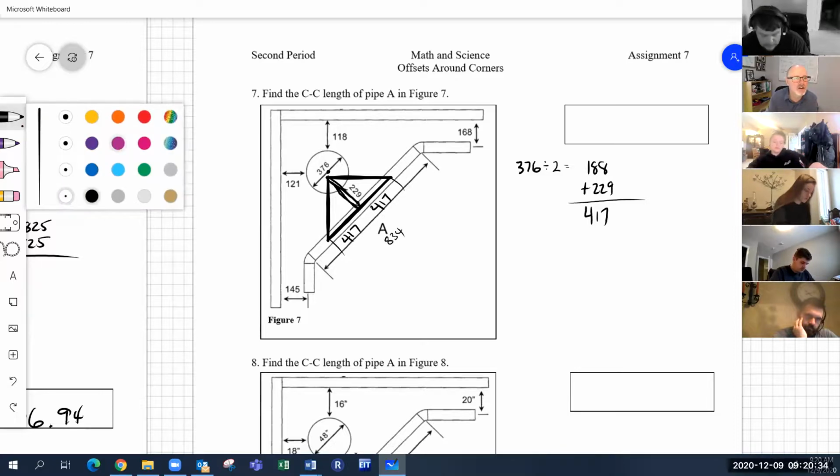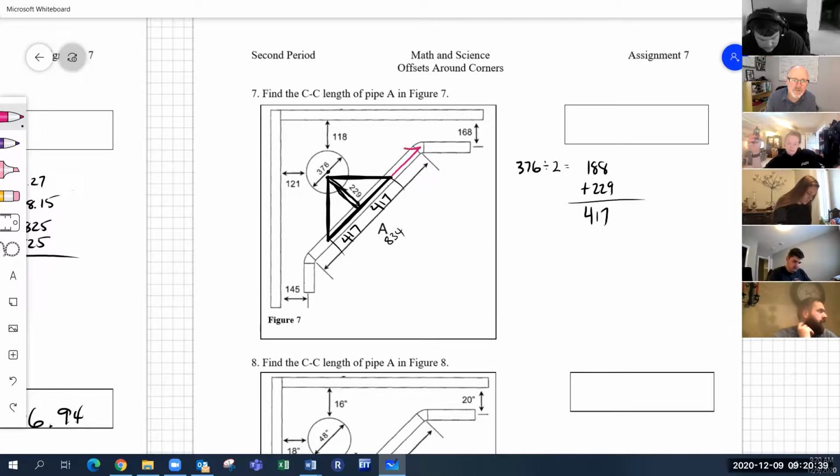Then I want to solve for this piece of pipe right here. I'll draw a right angle triangle right there. Now I'll get the measurement from this black line all the way to the wall. So that's going to be 188 plus 118, so this line is 306.